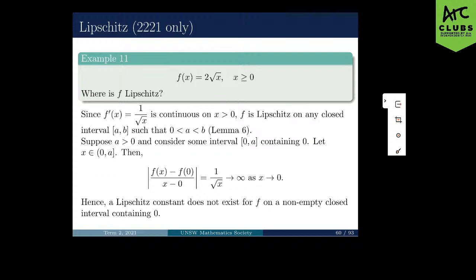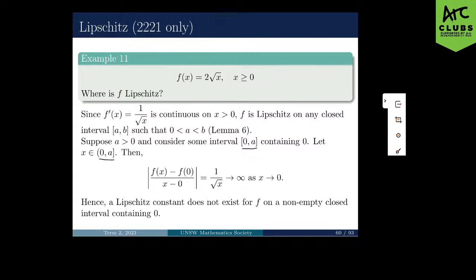So now we want to test the point where x is equal to 0. We consider some interval containing 0, and we want to find the gradient of the secant from the point 0 to some other point in that interval. This helps us because if we make the other point approach 0, we realize that the gradient of the secant starts to approach infinity.